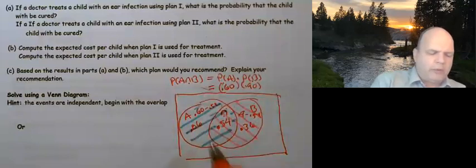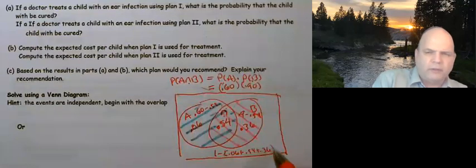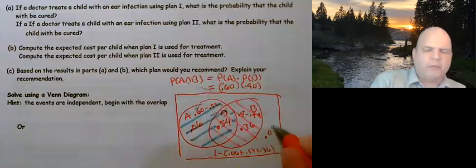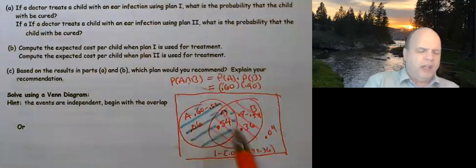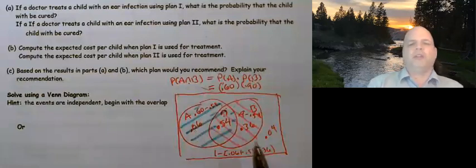So if I subtract 1 minus 0.06 plus 0.54 plus 0.36, I end up finding that there's a 4% of the time when they don't work. Now, if I sum these up together, 0.36, 0.54, and 0.06, I find out that they work 96% of the time. All right, they will end up working 96% of the time.